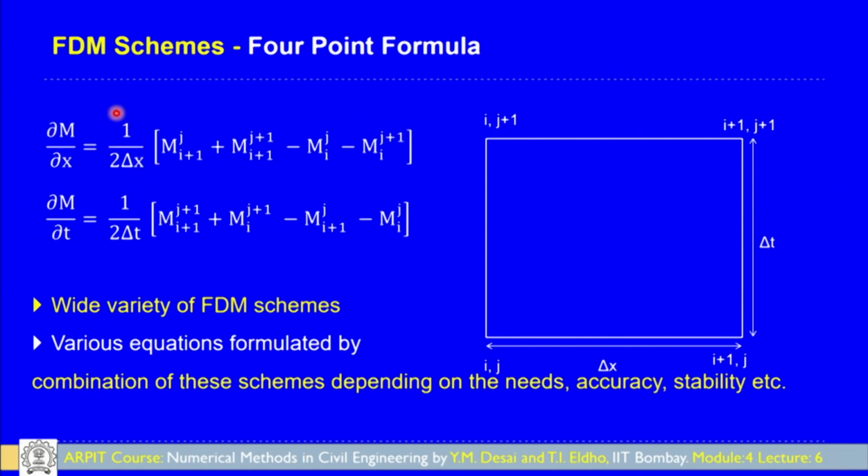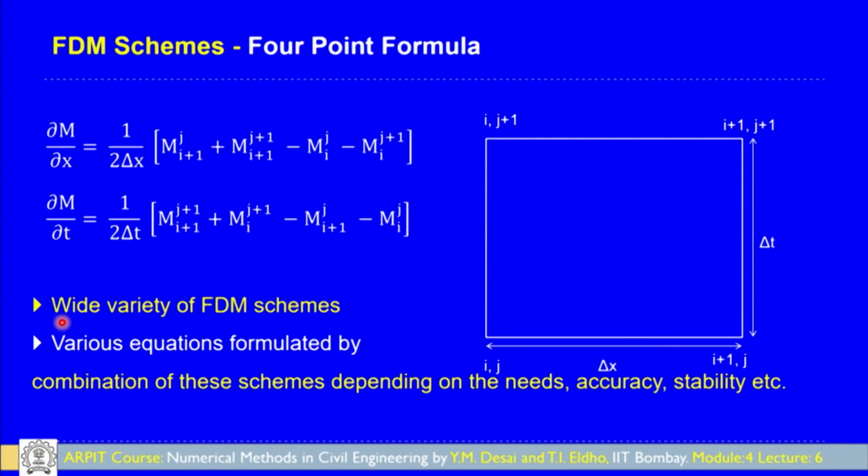That is for del m by del x, and for del m by del t with respect to time we can write 1 by 2 delta t into m(i+1, j+1) plus m(i, j+1) minus m(i+1, j) minus m(i, j). When we formulate the given ordinary or partial differential equation with this kind of formulation, it is called a 4-point formula.